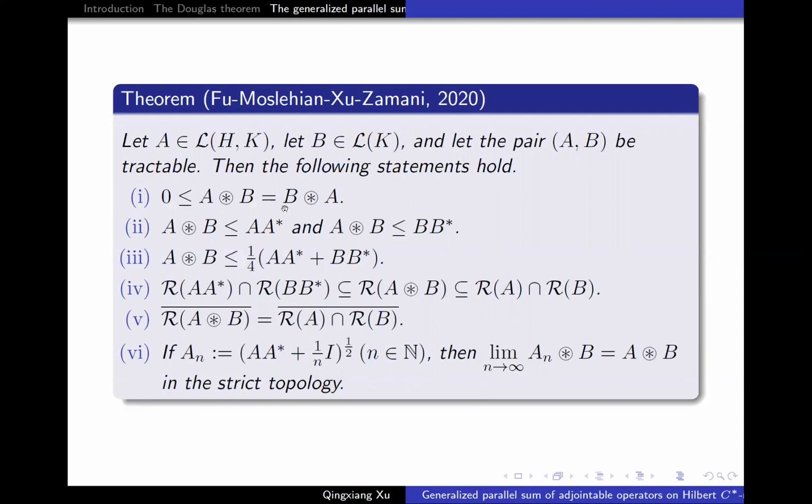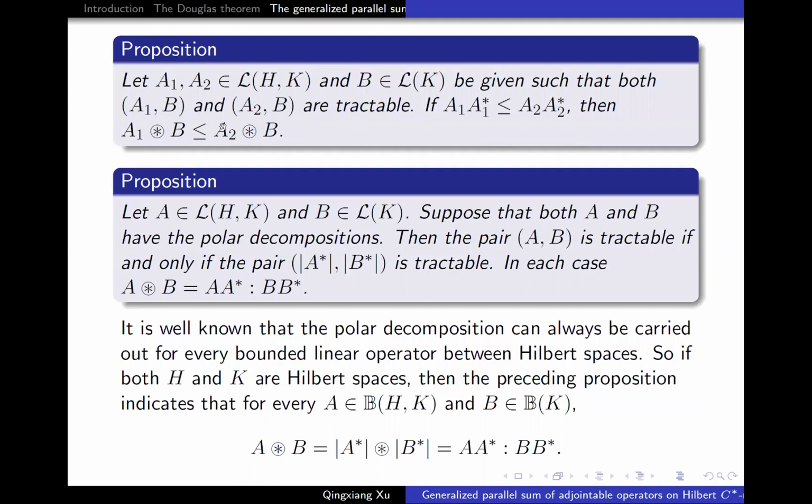The first one is concerned with positivity, the second and third are concerned with the equality of positive elements, the fourth and the fifth are concerned with range inclusions and range equalities, and the last one is concerned with continuity. Also, in a special case, for example, if we consider things in a Hilbert space, and suppose both A and B have the polar decomposition, then we can prove that the pair A and B is tractable if and only if the absolute values of A star and B star are tractable.